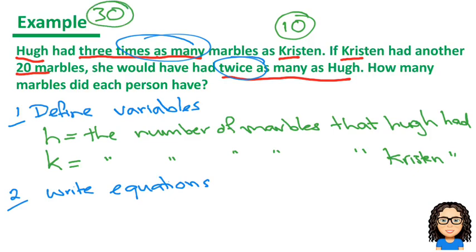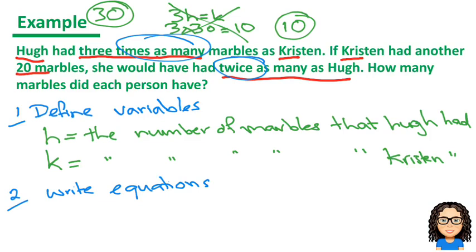So if I wrote the equation, what students would often do is write 3h equals k. Does 3 times 30 equal 10? No, it doesn't. So this is a very common mistake. When you talk about twice as many or 3 times as many, always think the opposite, okay?